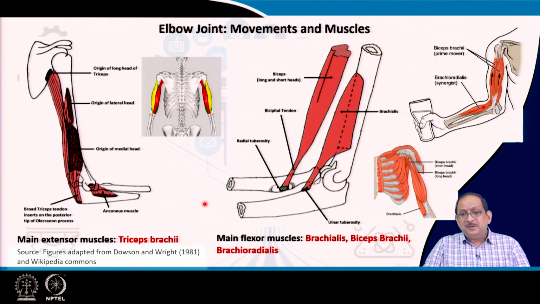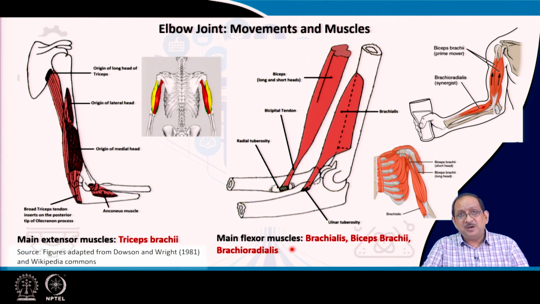Now, let us look into the details of the movements and the corresponding muscles connected to these movements. We can see here the main extensor muscle, the muscle that is responsible for extension movement of the elbow, is the triceps brachii. Okay? And the origin and insertion of the triceps are shown in the figure.